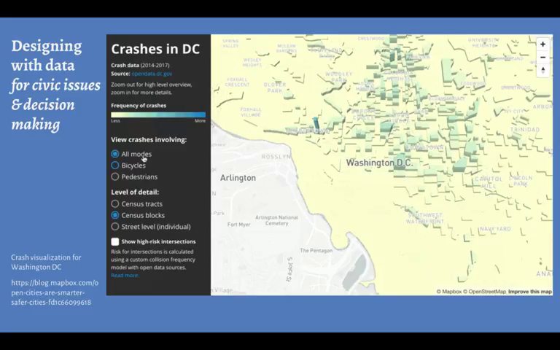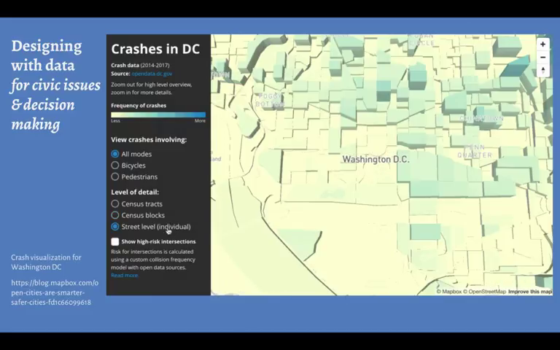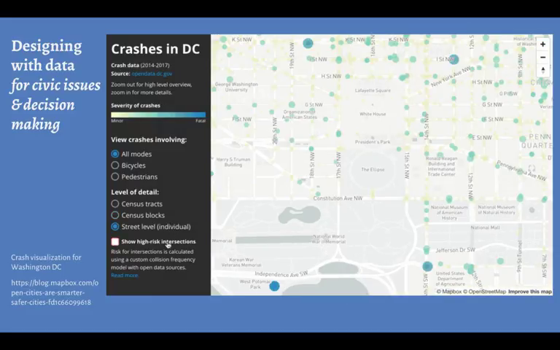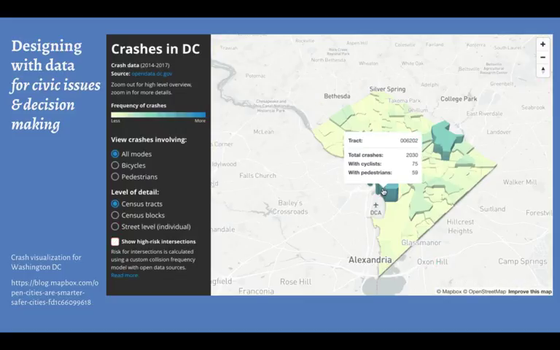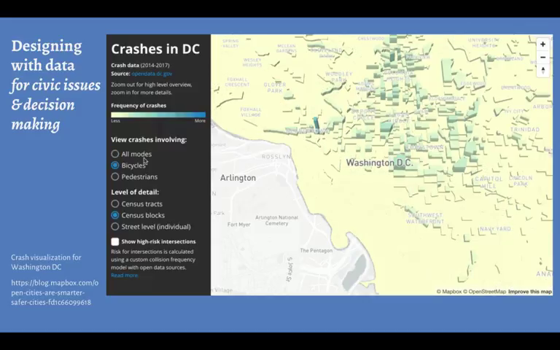And you can also look at, between traffic accidents, how many of them involved a bicyclist, how many of them involved a pedestrian. And then we also used a bit of machine learning to try and find what would be the biggest choke points, or what would be the traffic intersections that have the highest possibility of crashes.